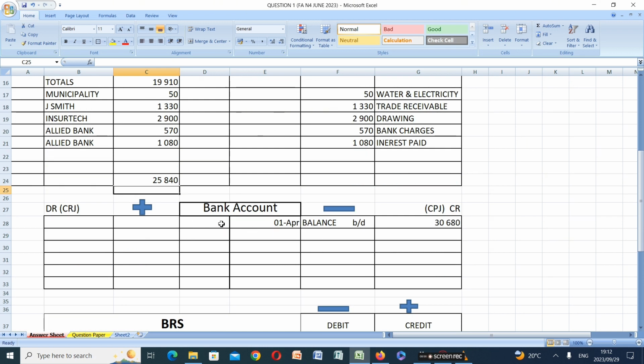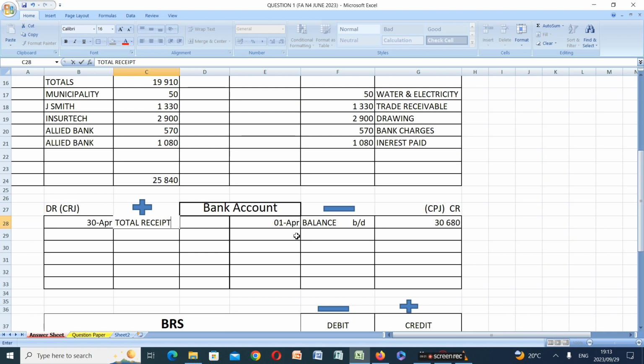So we need to deal with our bank account. On the date, it's 30 April. On the debit side, we have our total, which is the CRJ, our total receipts.